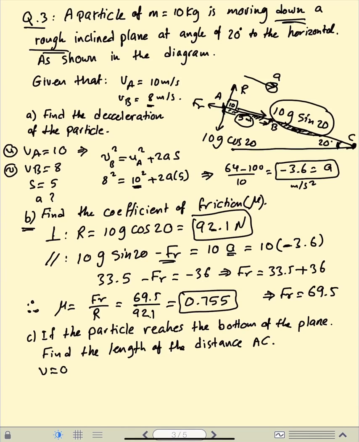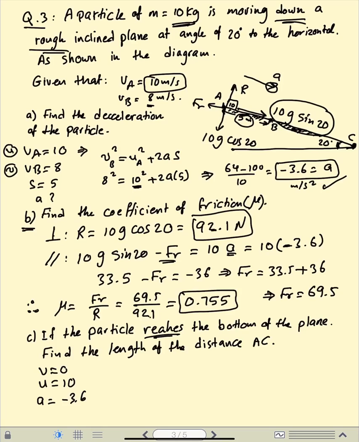The particle starts with an initial speed of 10 meters per second, reaches the bottom of the plane, which is 0. So you have U is 10 and V is 0. And we just found the deceleration, so A is equal to minus 3.6.